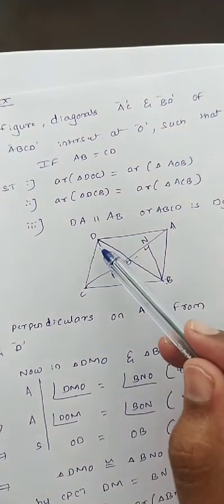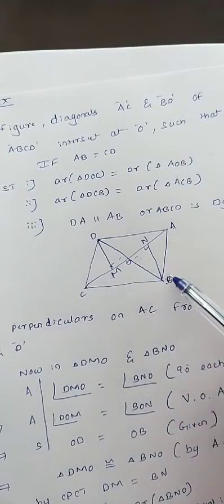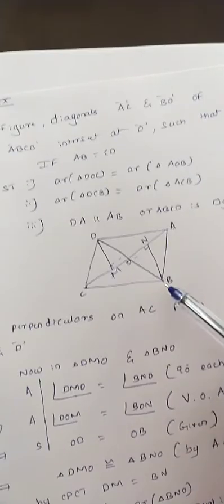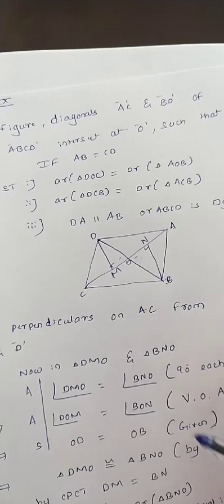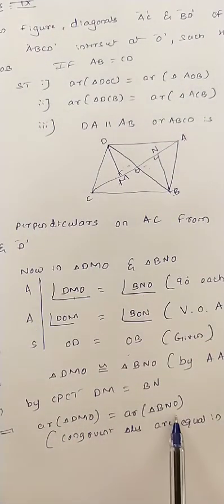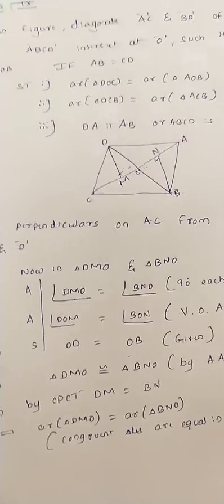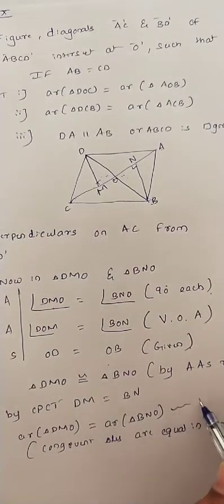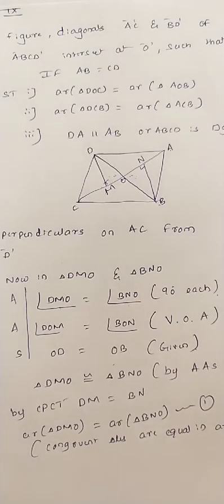So triangle DMO and triangle BNO are congruent by AAS criteria, and by CPCT DM is equal to BN and area of triangle DMO is equal to area of triangle BNO, because congruent triangles are equal in area. So call this equation 1.